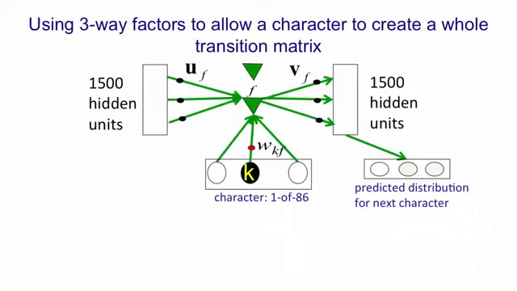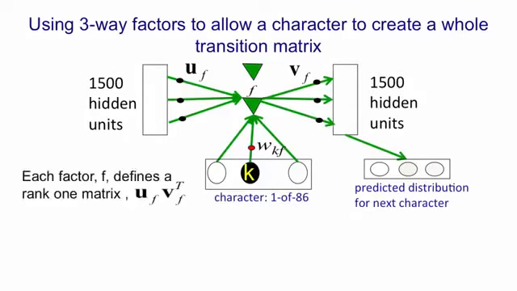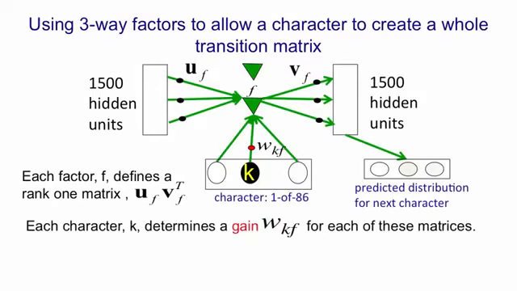And that weight from the current character k, which is called WKF, is the gain that's used on the rank 1 matrix got by taking the outer product of u and v. So the character determines a gain, WKF. You multiply the rank 1 matrix uv by that gain. You add together those scaled matrices for all the different factors, and that's your transition matrix.